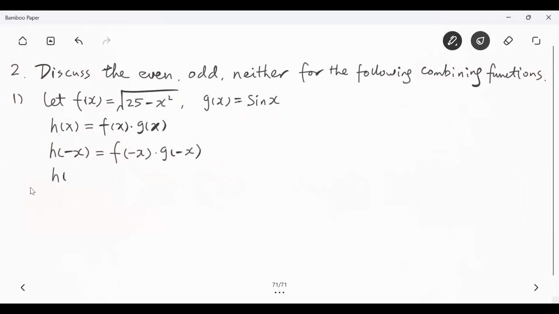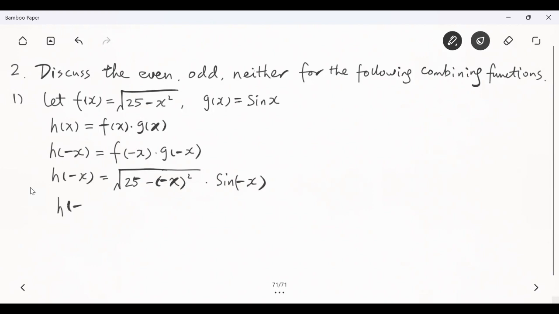The exact function is the square root of 25 minus negative x squared, and then times g(x) is sine negative x, right?